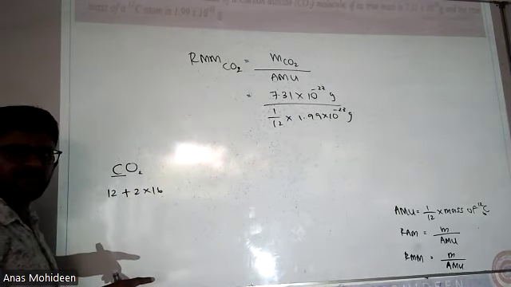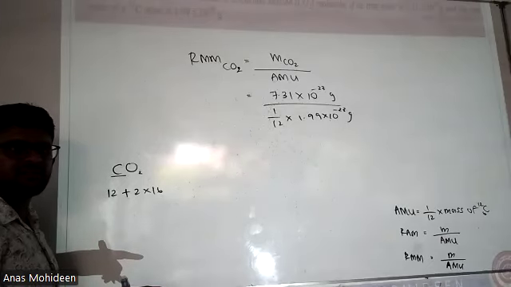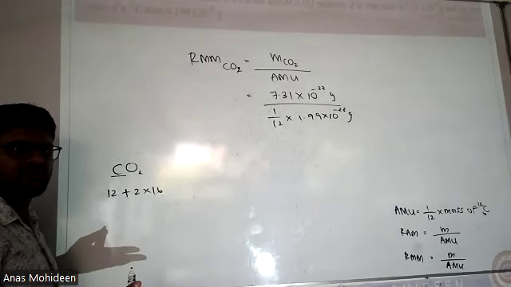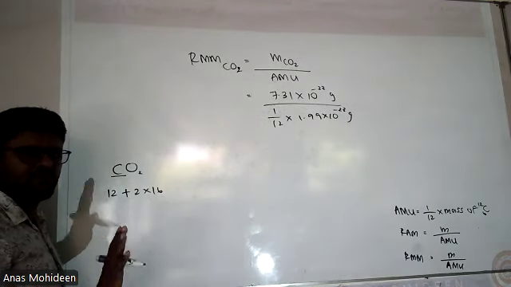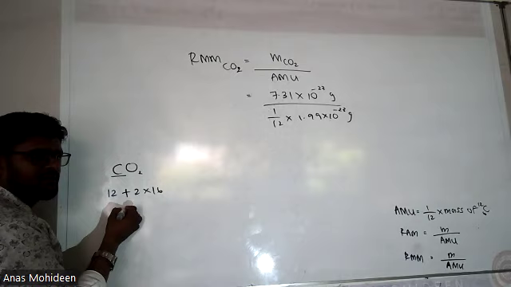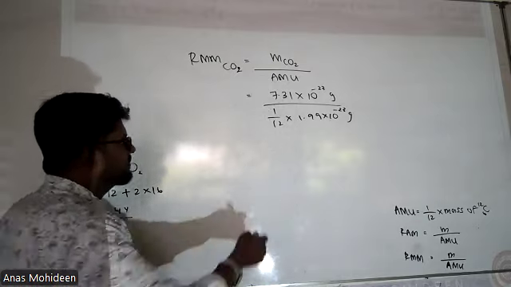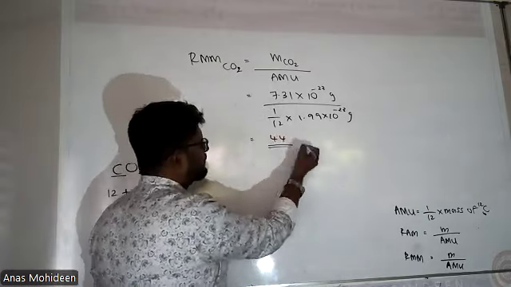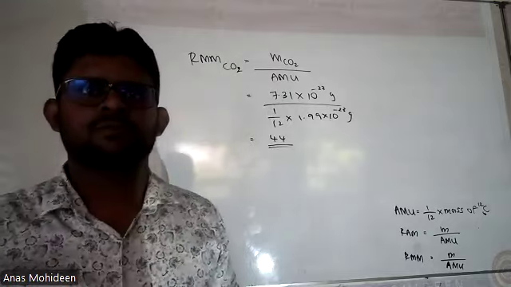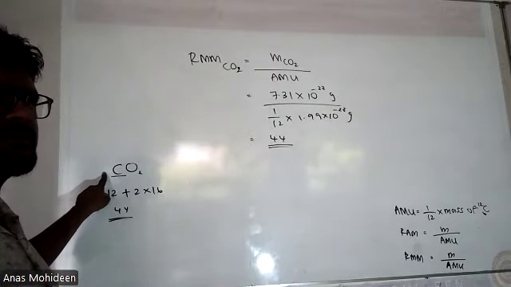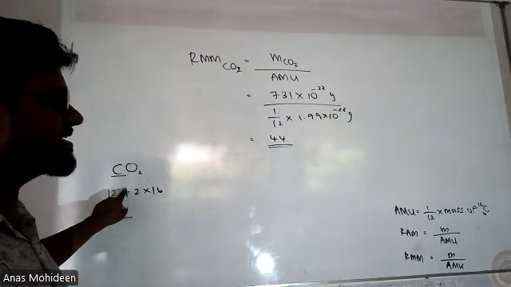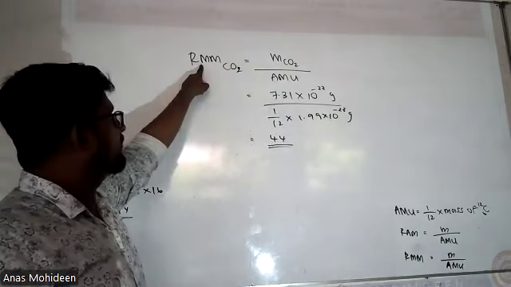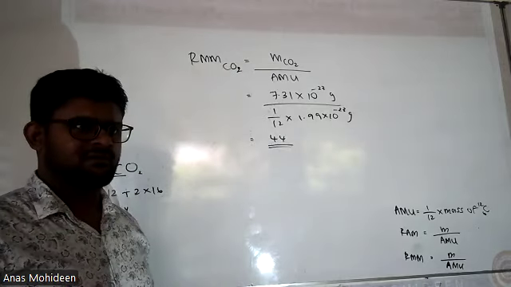So how much is carbon? How much is oxygen? I told you, right? Eventually you will get to know. You don't want to memorize. What is the total? 44. Total atomic mass, right? Total atomic mass is what? Equal to molecular mass. Okay.